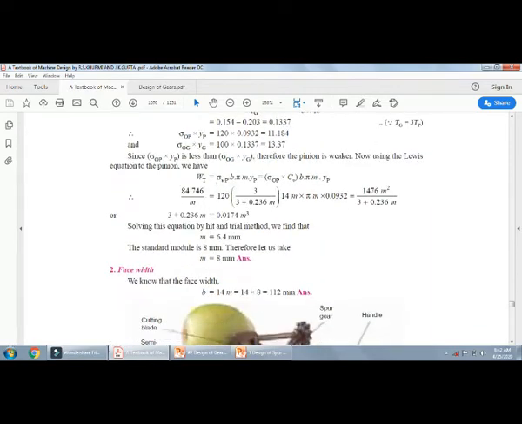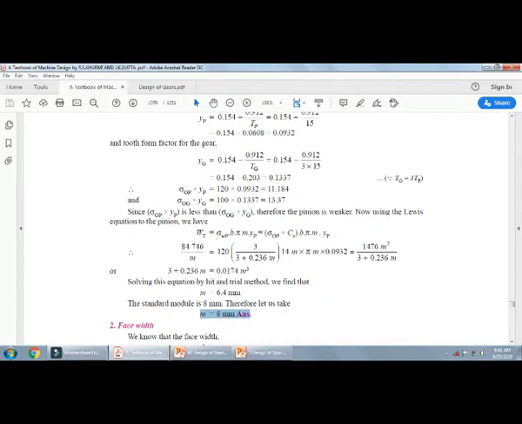So, we know how we will calculate the module. Here we will calculate the module from the Wt. For calculating the Wt, we know that the relation of Wt from the Lewis equation is equal to these values, these are for pinion values. So, we may also replace this value by this relation, sigma naught p into Cv, we have already covered it.